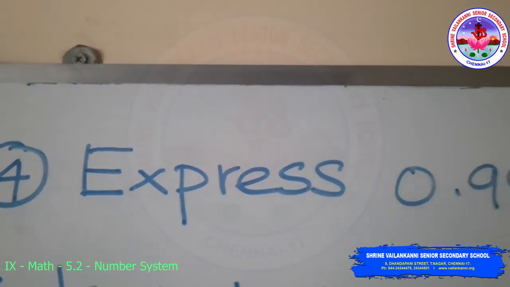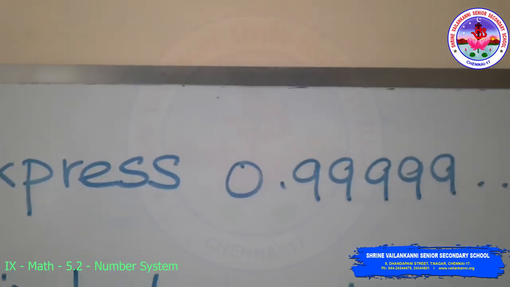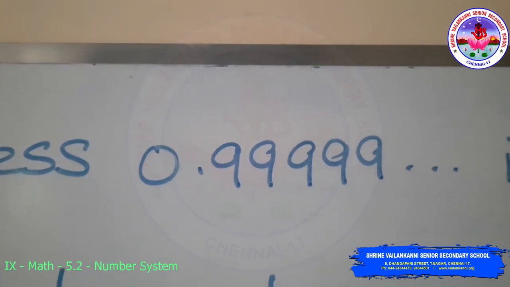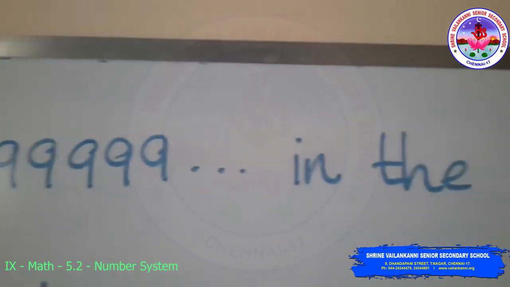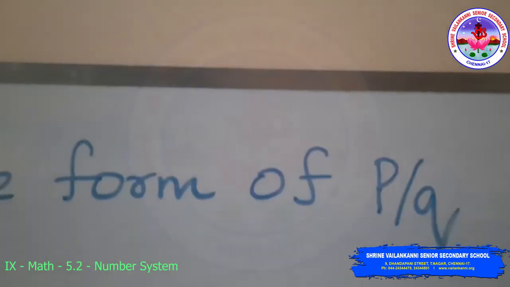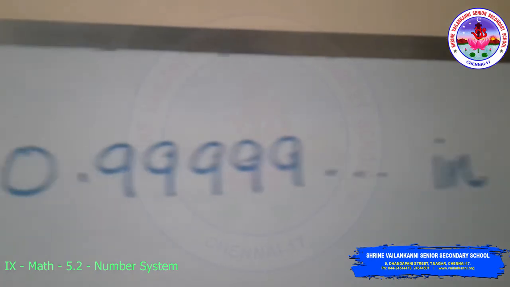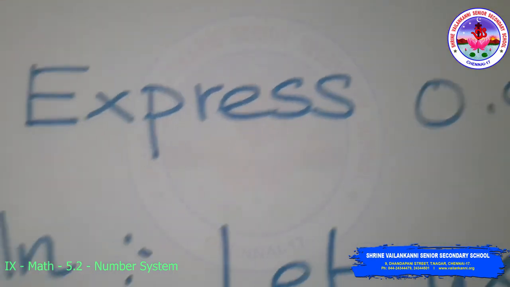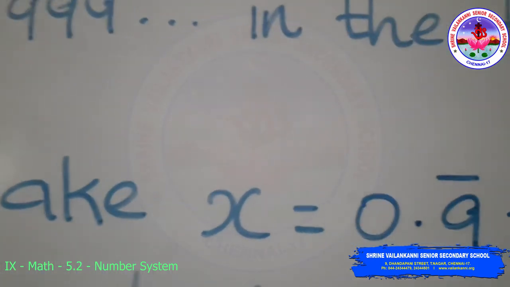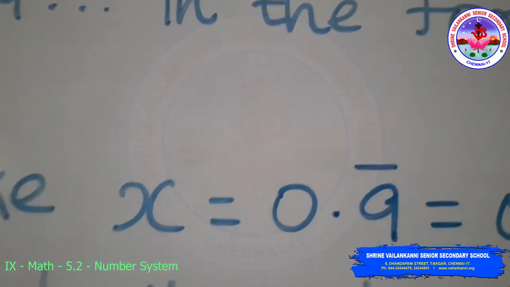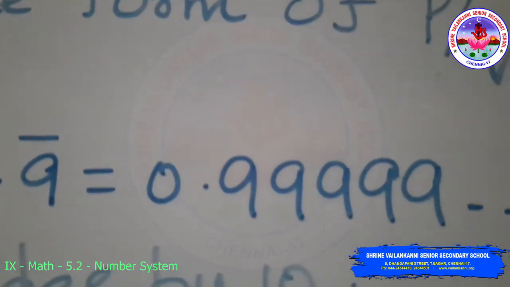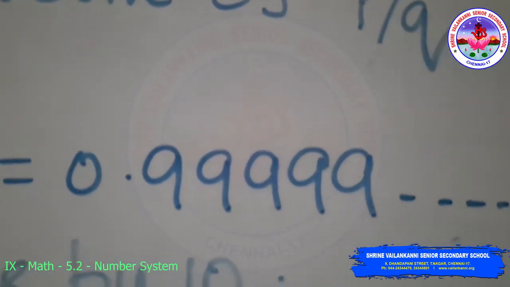Fourth problem, express 0.99999 and so on in the form of p by q. Coming to the solution, let us take x is equal to 0.9 bar, which can be written as 0.99999 and so on.